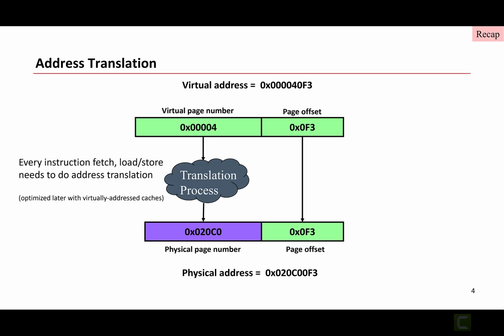Every instruction has to come from memory, and therefore you need to access memory, and therefore you need to do an address translation. So in the case of a non-load or store instruction, you have one memory access through instruction fetch. In the case of a load or store instruction, you have an address translation at the instruction fetch and one more in the memory stage.